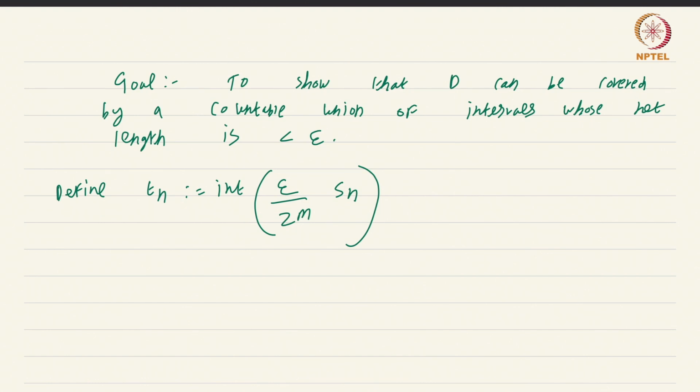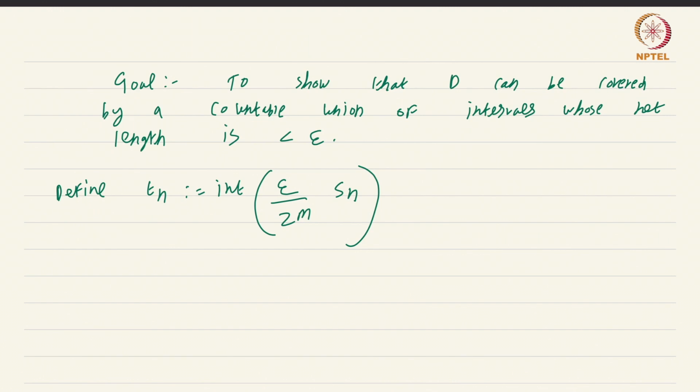This is also known as the floor function. It is the greatest integer that is less than or equal to that particular number. So what we are doing is, we are going to take the integer part of this. Now, when dividing by 2m, what we achieve is the integral of Tn is going to be quite small, simply because we have already divided by the integral value, and we have made it even smaller by multiplying by epsilon.